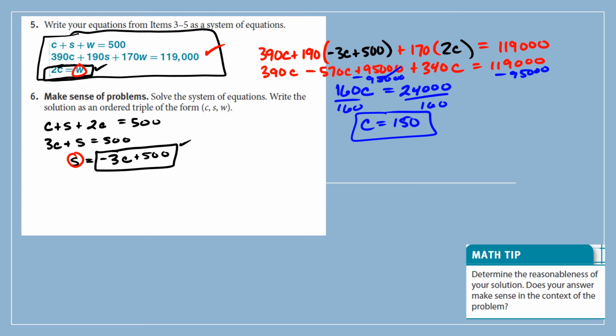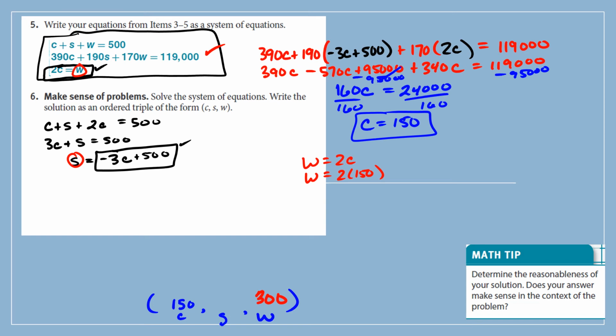So I've got the first part of my triple. C is 150, so that's C, and then I'll have S, and then I'll have W. Well, I already know that W equals 2C, right? So W is twice as much as the corn, so 2 times 150. So I already know that W is 300.